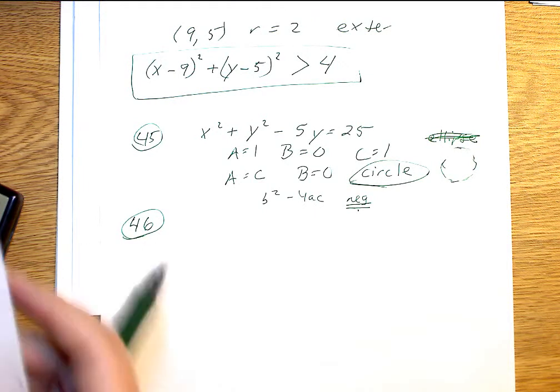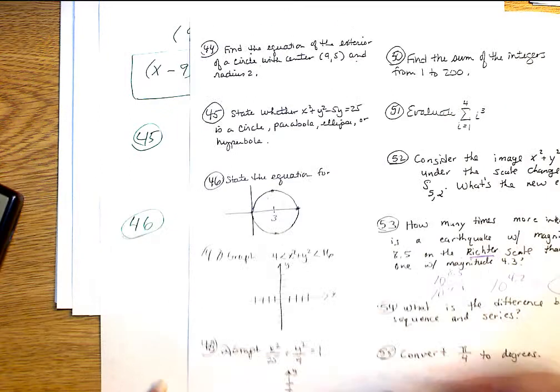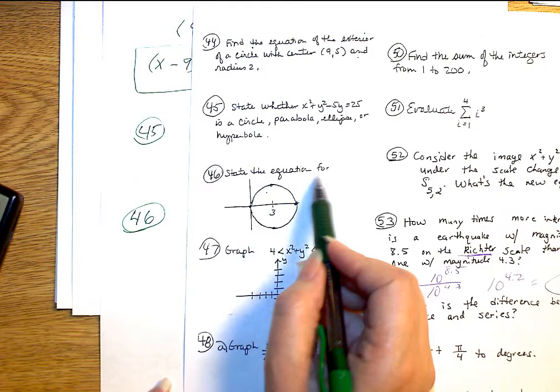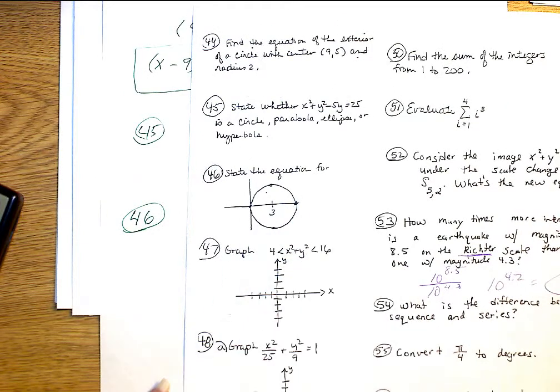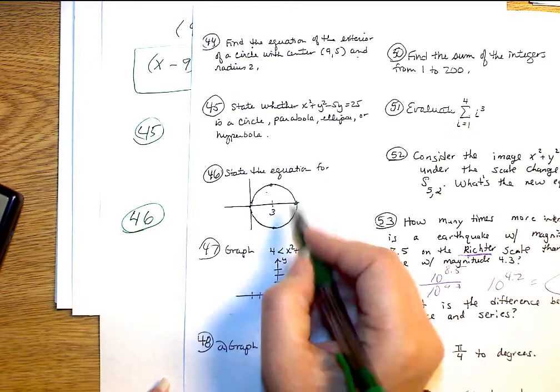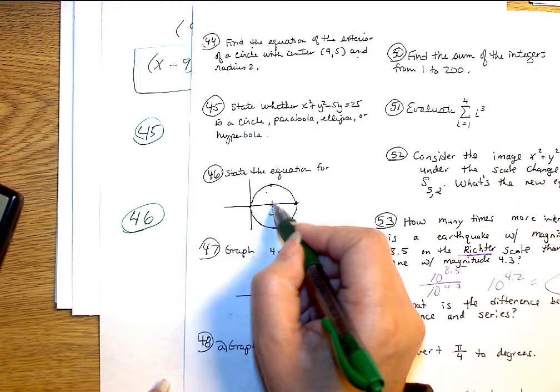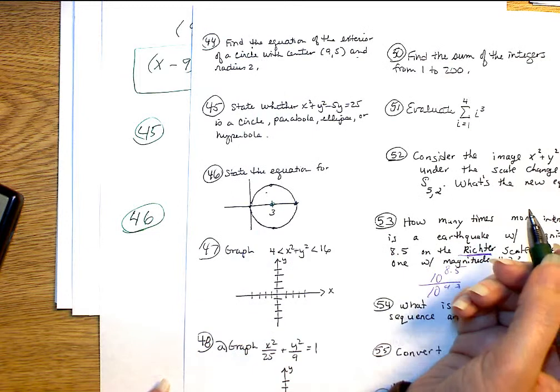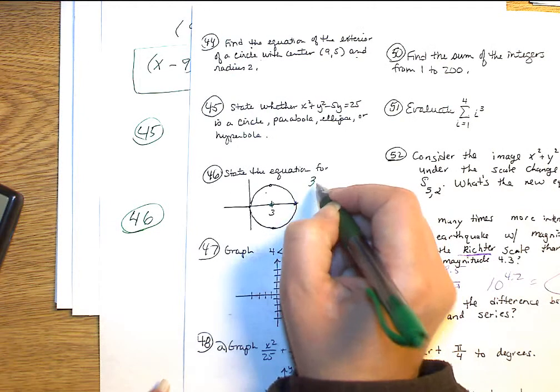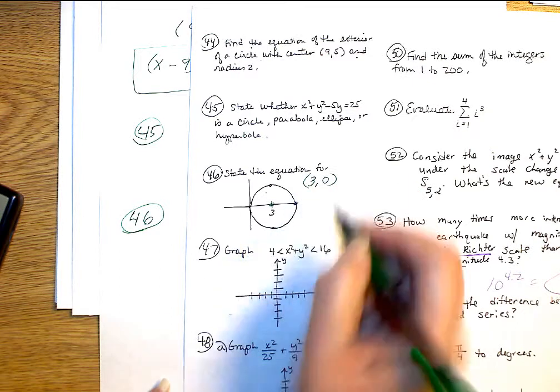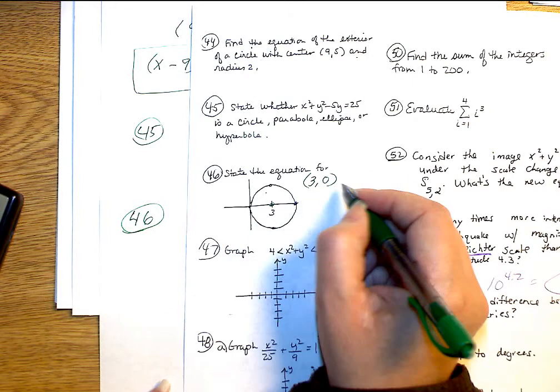46 says to state the equation for this circle right here. So the first thing is, what is the center of this circle? 3, 0. And the radius is 3.